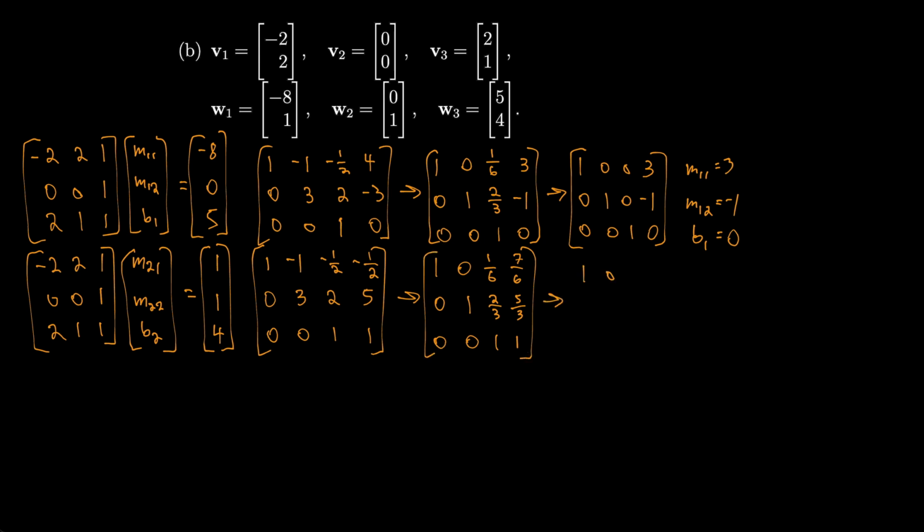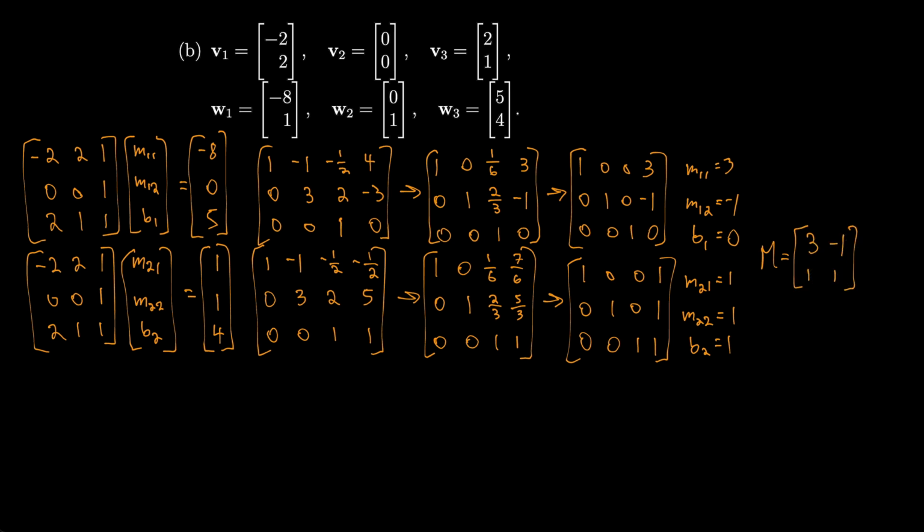We get 1, 0, 0, 1, 0, 1, 0, 1, 0, 0, 1, 1. So M21 equals 1, M22 equals 1, and B2 equals 1, giving us M equal to 3, minus 1, 1, 1, and B equal to 0, 1.